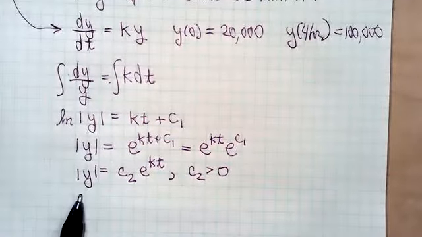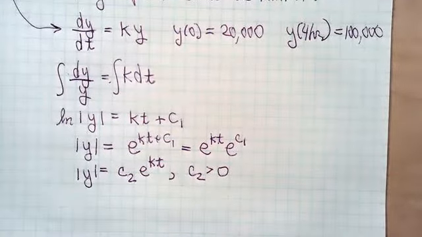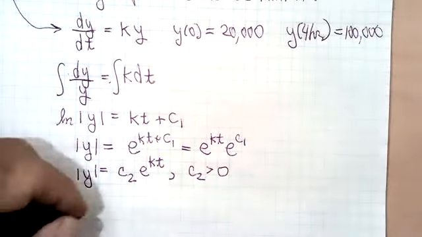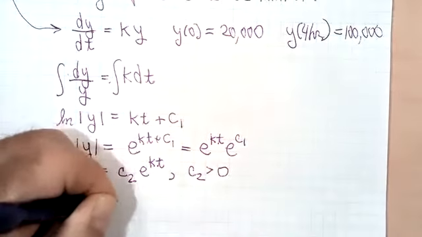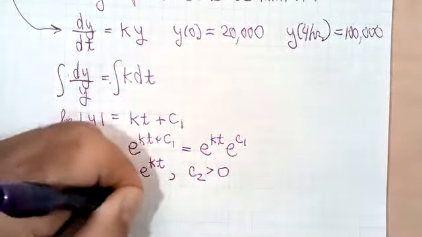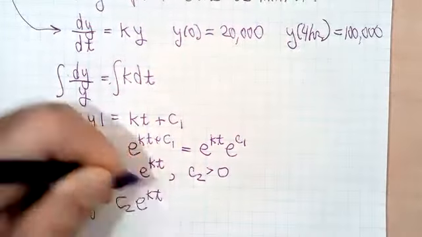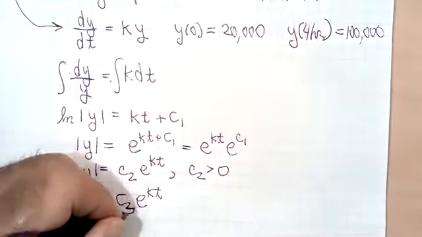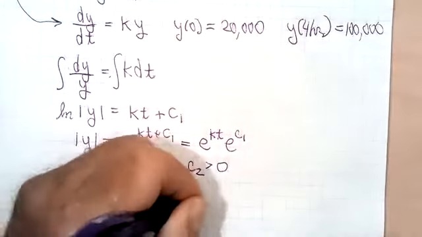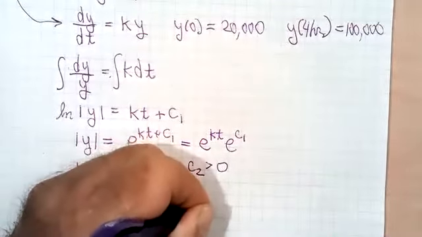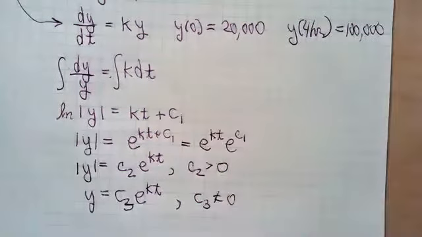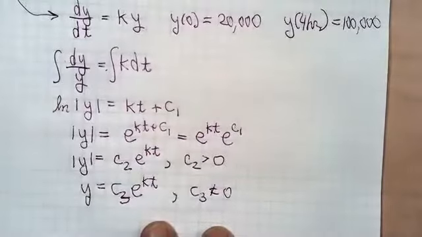But at this point, Jorge, you've probably already anticipated me. You say, yeah, but once you pull the absolute values off of this, then it doesn't have to be positive anymore. And I would agree with you, it doesn't. So let's call that C3. And now the only restriction is that C3 should not be 0, which is really kind of redundant.